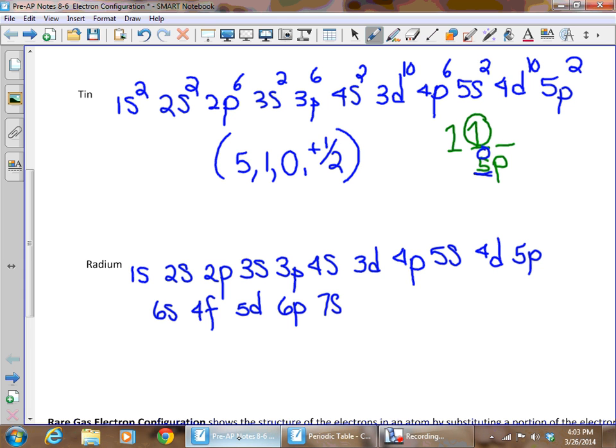So let's fill all of those in. 1s2, 2s2, 2p6, 3s2, 3p6, 4s2, 3d10, 4p6, 5s2, 4d10, 5p6, 6s2, 4f14, remember, 5d10, 6p6, and remember we said that radium was the second element over.